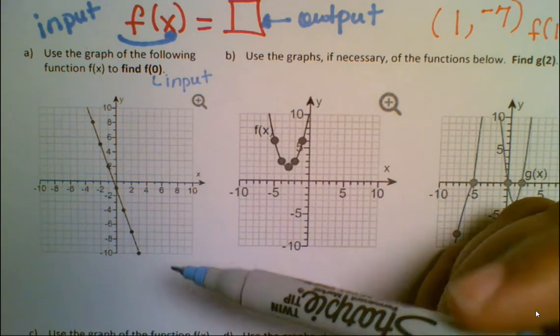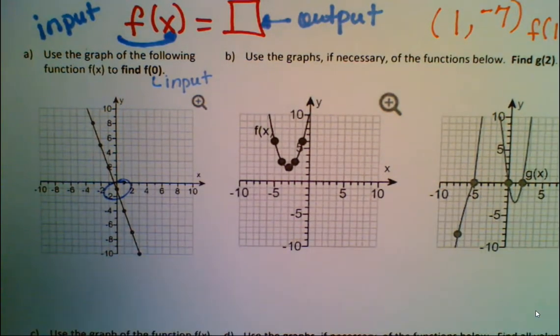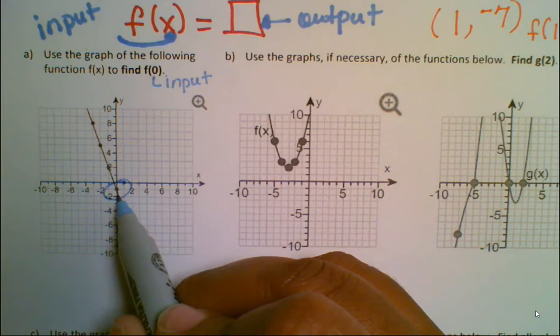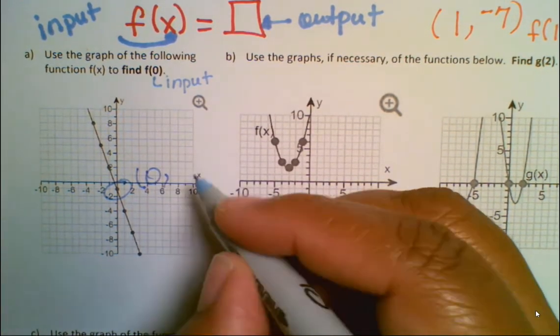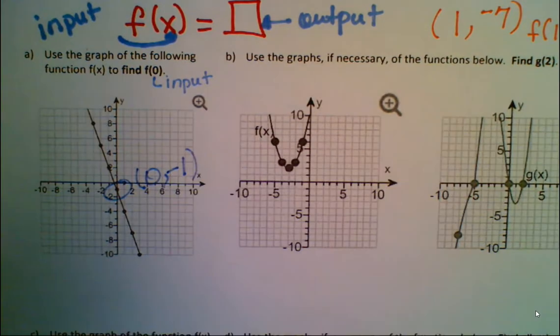What value or what point on the line has an x coordinate of 0? So if you noticed, I'm circling the point here. This point, its location is 0 comma -1.